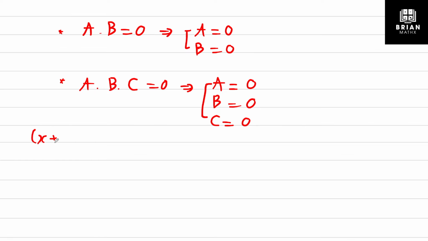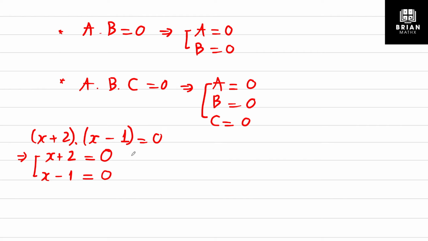For example, you got x plus 2 multiply x minus 1 equal to 0. It means you have two terms multiplied. The first term is x plus 2 and the second term is x minus 1. If you want to solve this equation, you put x plus 2 equal to 0 and the second one is x minus 1 equal to 0.